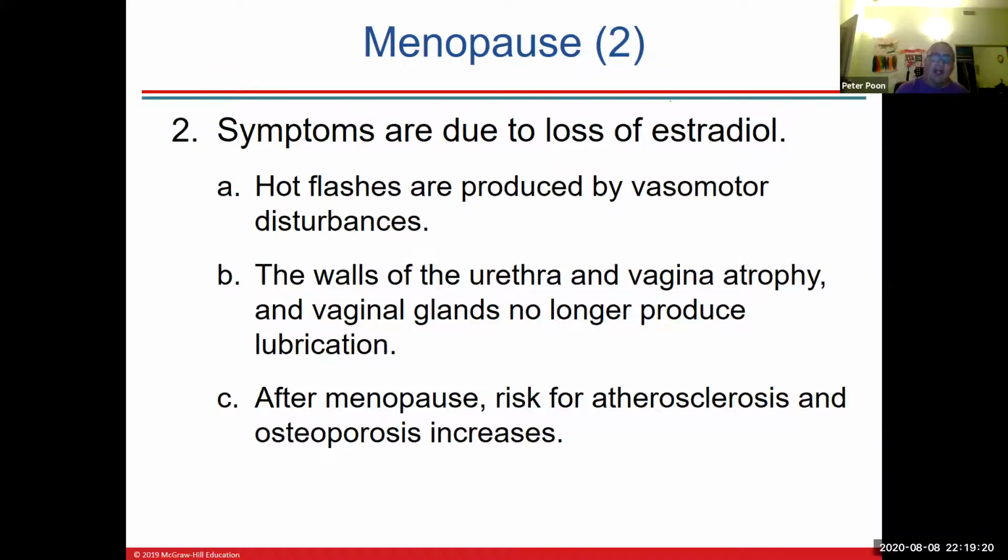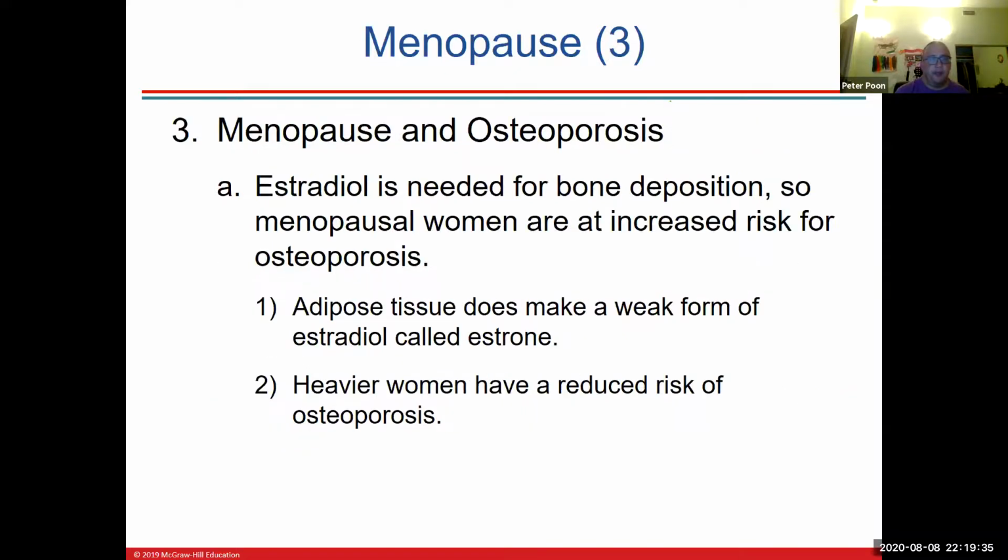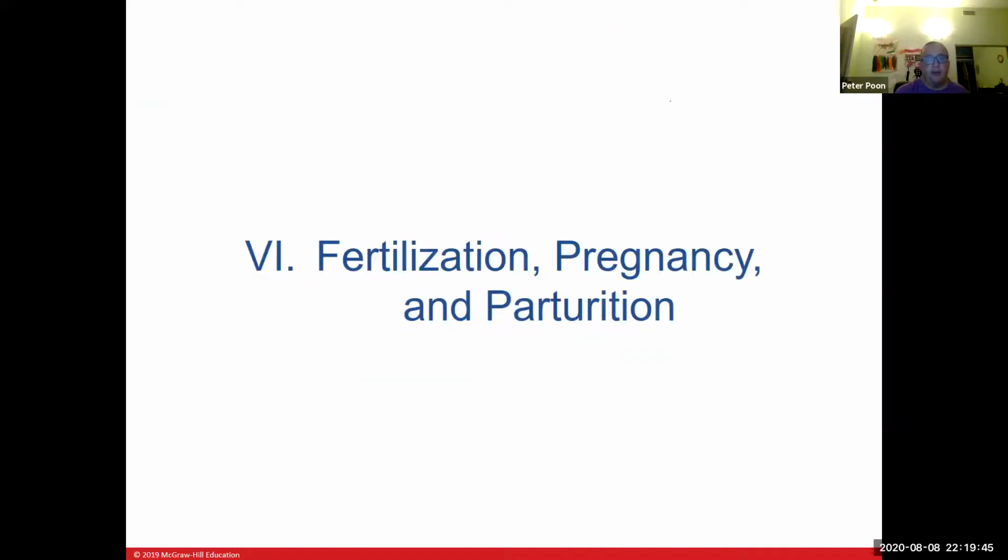Because of the loss of estradiol, there's an increased risk for arteriosclerosis and osteoporosis. Estradiol is needed for bone reabsorption.